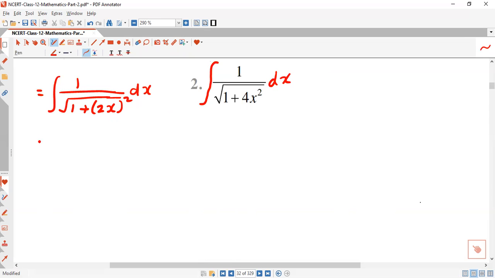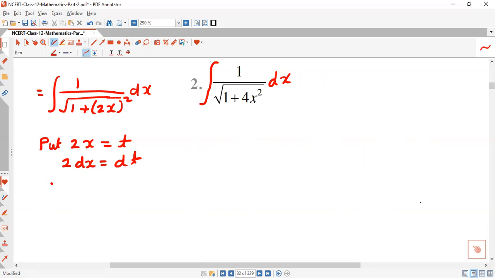And because 2x is a variable, we put 2x equal to t. So you get 2 times dx equal to dt.